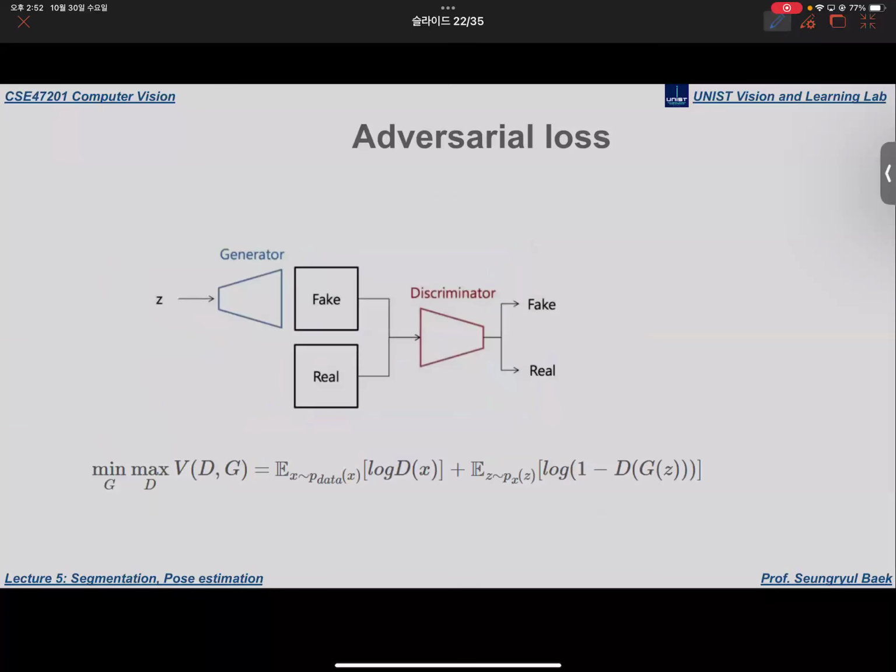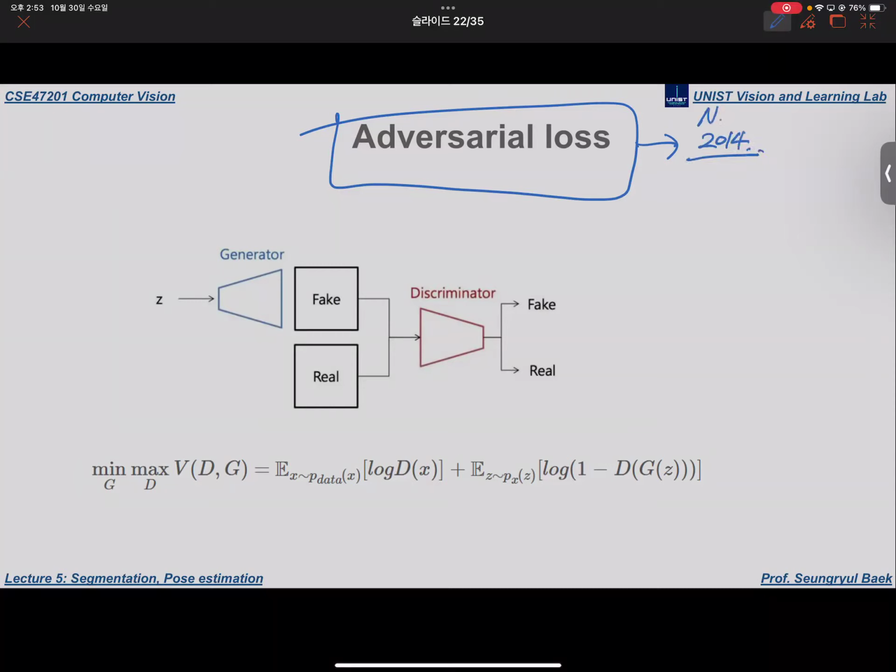But I will show you what the adversarial loss is here. The adversarial loss was proposed in a paper at the NIPS conference in 2014.